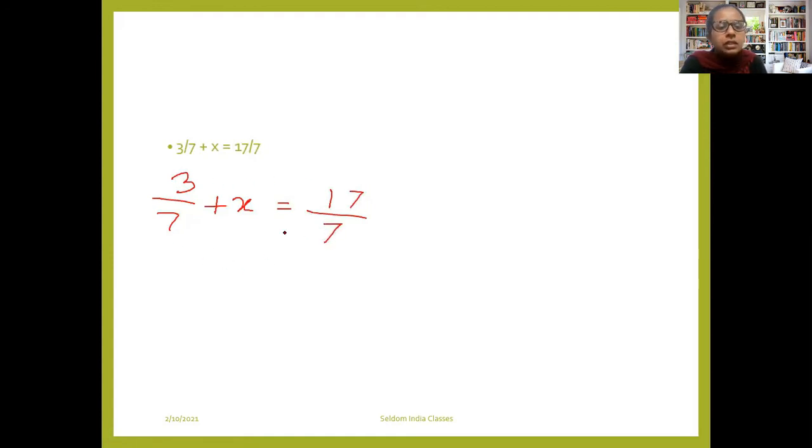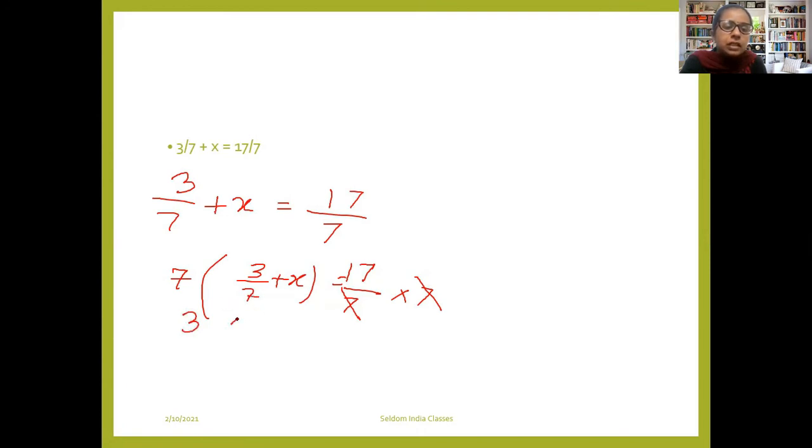Now to solve this equation, we will multiply both sides by 7. 17 by 7 into 7, so 7 and 7 cancel. Multiplying inside, the 3 and 7 cancel first, plus 7x equals 17. So what we have now is 7x plus 3 equals 17.